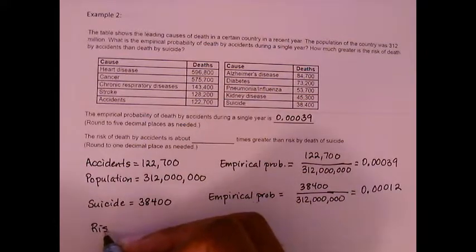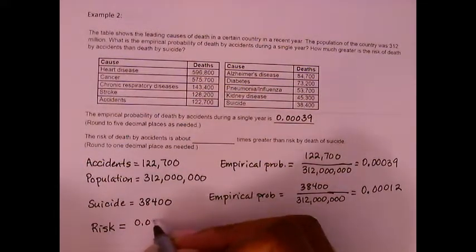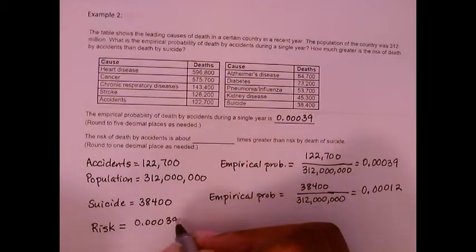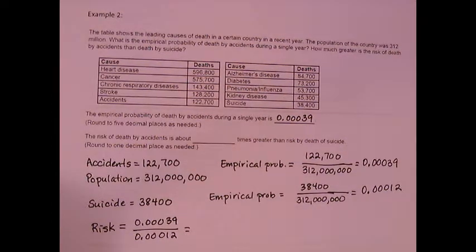So here, the risk between the two will be 0.00039 divided by 0.00012.